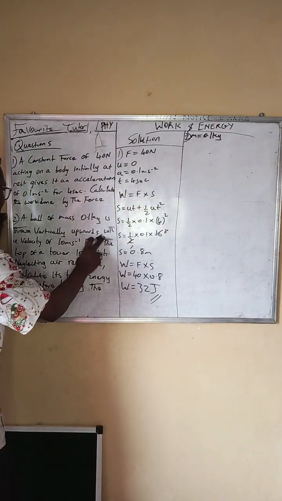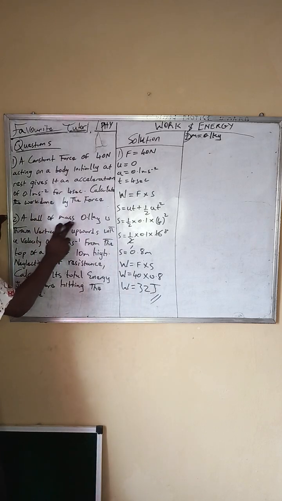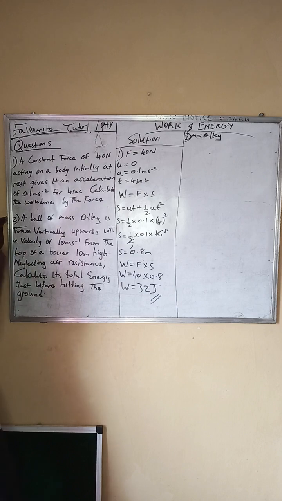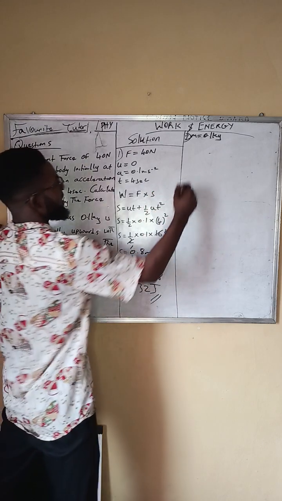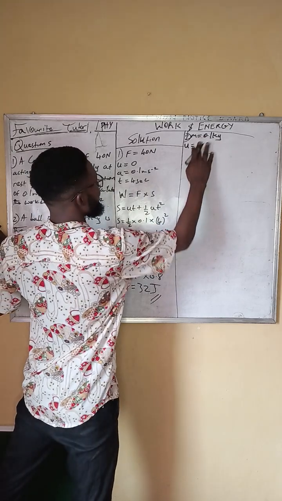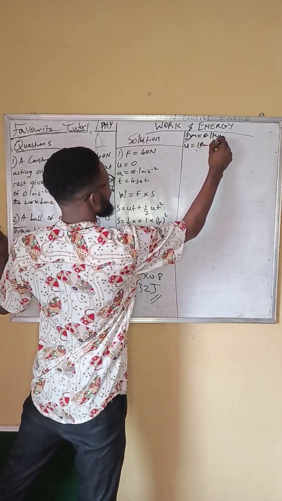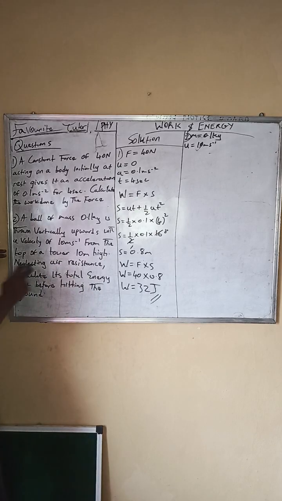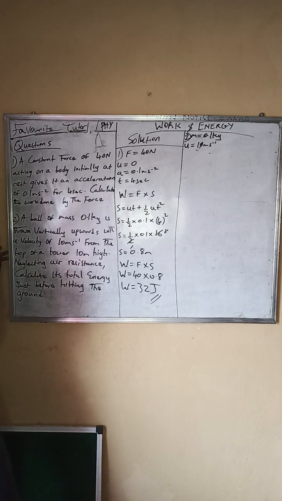A ball is thrown vertically upward with a velocity. That is the starting velocity. u is 10 meter per second, from the top of a tower 10 meter high.